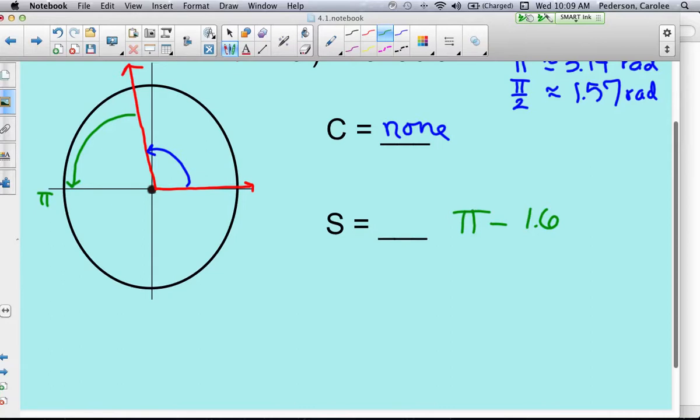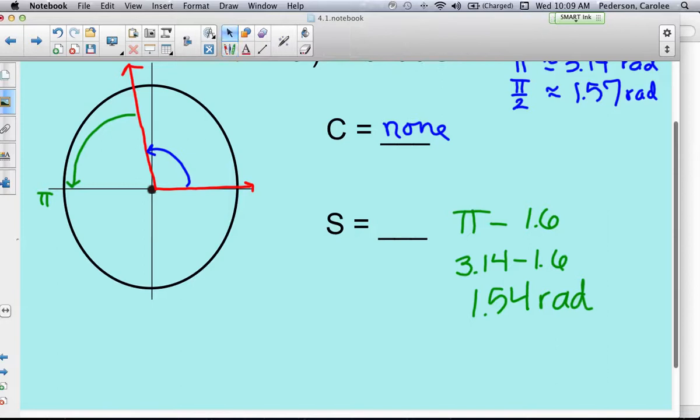So what is 3.14 approximately minus 1.6? 1.54. Approximately. Radians. Gotta put those words in there. All right, there's our lesson for today.